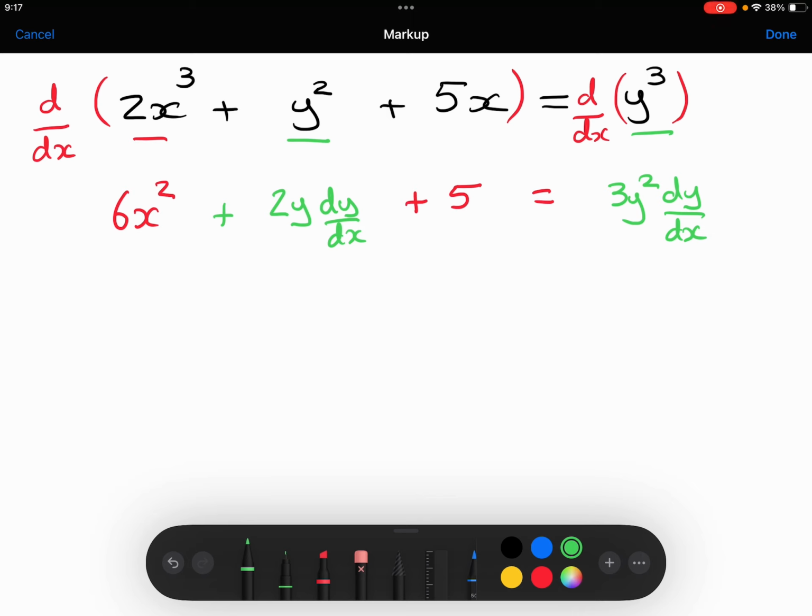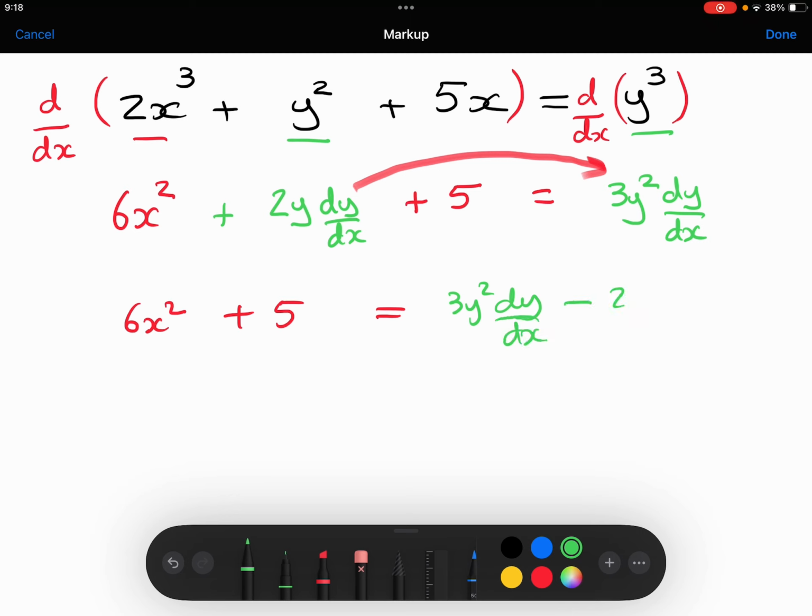Now, usually when we differentiate, we end up with dy by dx as the subject. So that's what I'm going to rearrange for now. I'm going to subtract the 2y dy by dx from both sides. So on the left-hand side, I've still got the 6x squared plus 5. And on the right-hand side, I've got the 3y squared dy by dx minus the 2y dy by dx.